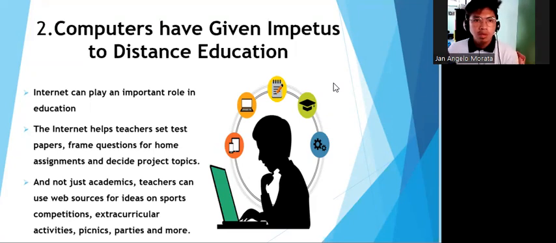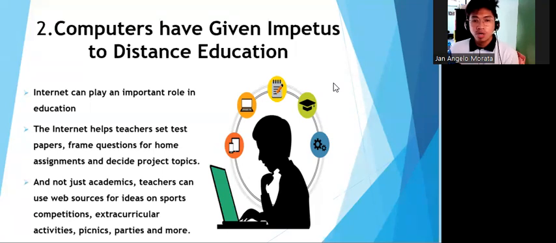Next one, computers have given impetus to distance education. So that is somehow related to our first role of computer in education. So internet can play an important role in education because all the information that we need are in the internet. Okay? Lahat nandiyan na. And we cannot attend online distance learning without the internet connectivity.